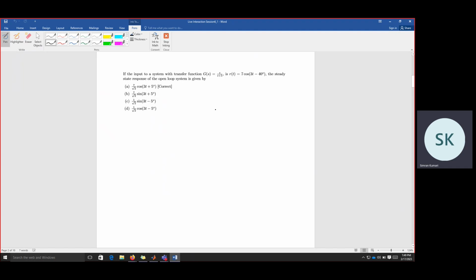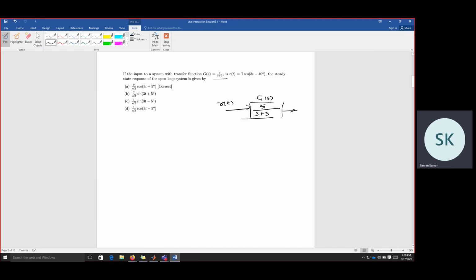Okay. So this is the first question. It says that if the input to a system with transfer function G(s), which is this, is r(t). So this is G(s), which is s over s plus 3, and there is this input r(t) given to it, which is 7 cos(3t minus 40 degrees).